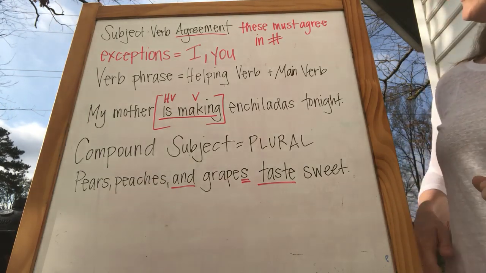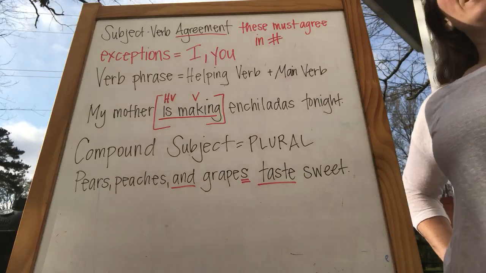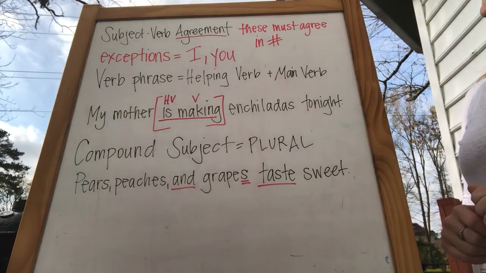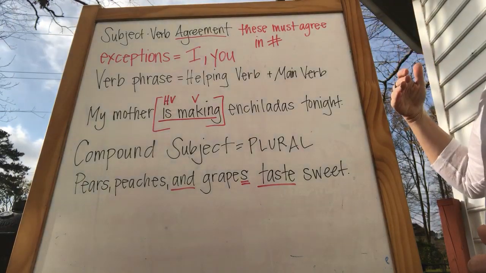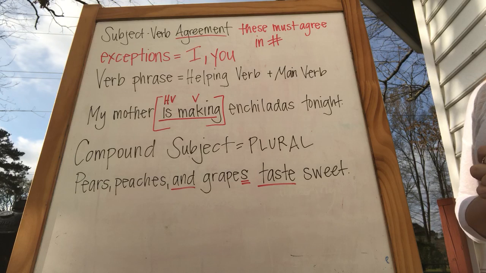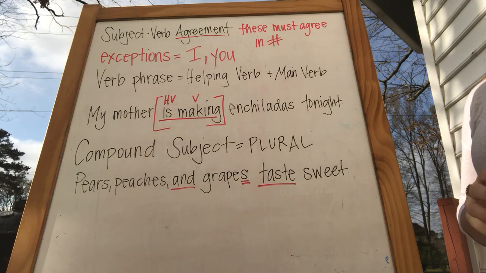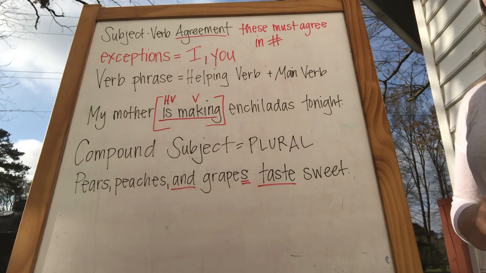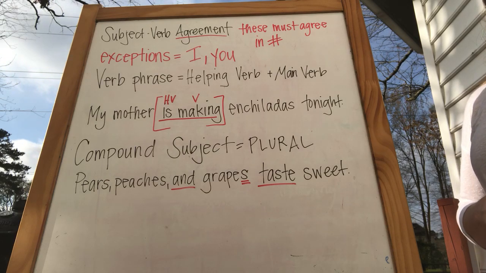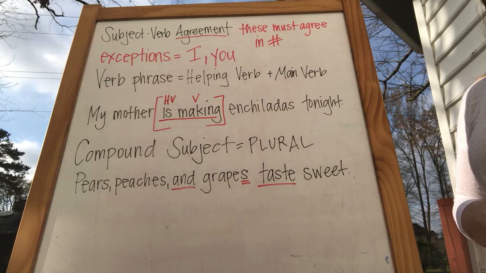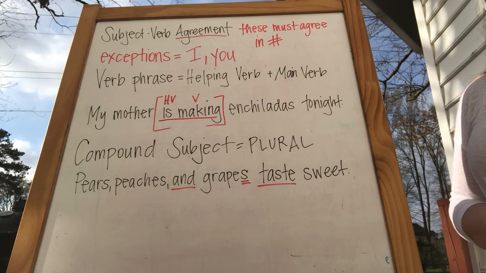Here we go. So first we're going to review what a subject-verb agreement is. Subject-verb agreement means that both the subject and the verb need to agree in number. We talked about singular and plural, and how if we have a singular subject, then our verb needs to be in the singular form. If we have a plural subject, then our verb needs to be in the plural form. We also talked about how the exceptions to that are I and you.